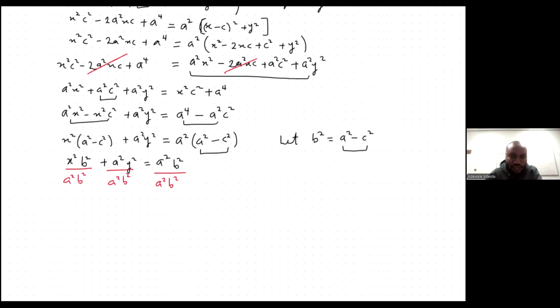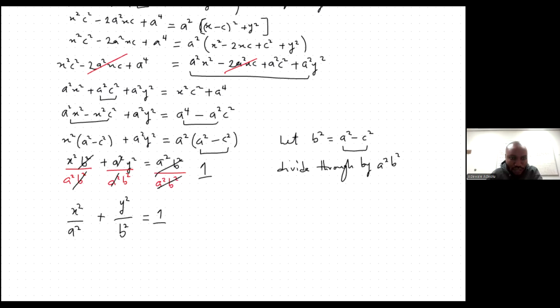So what I did there, I just divided through by a squared b squared. So here I have 1. Now this will take care of this. So I have y squared over b squared plus, this will take care of this, so I have x squared over a squared equals 1.